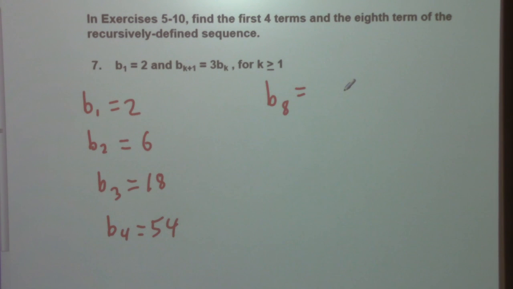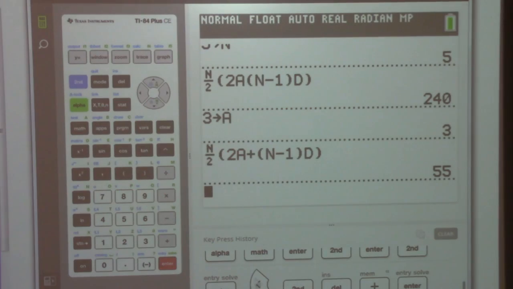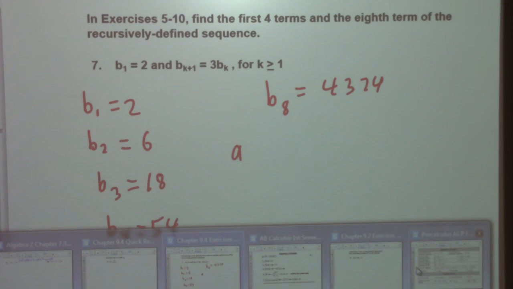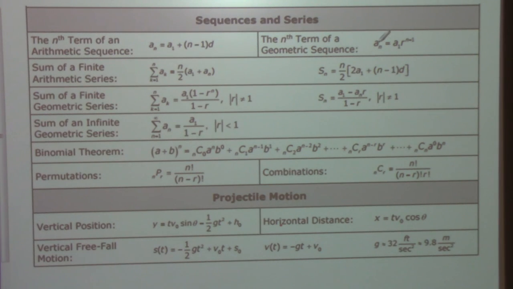what did you say? I think it is 4,374. But I'm going to check with the formula, because there's a formula for a geometric sequence. It's found right here. a sub n equals a sub 1 times r to the power of n minus 1.